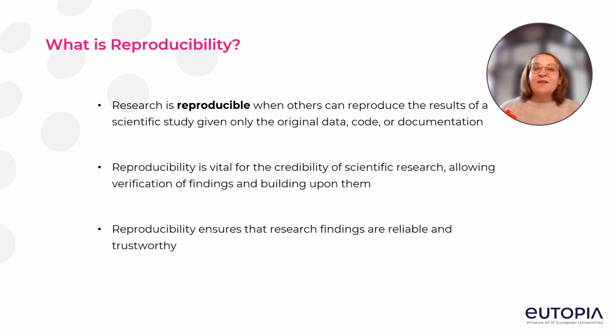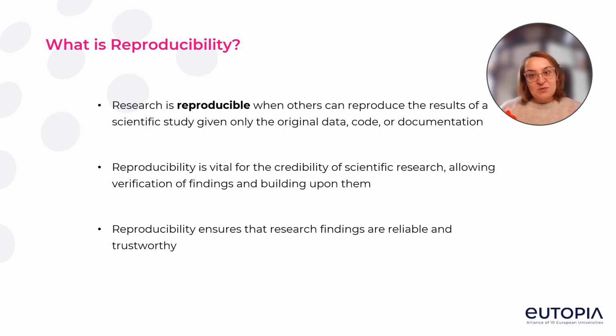It allows other researchers to verify findings, build upon them, and apply them in practical contexts. When a study is not reproducible, it raises questions about the credibility of scientific findings and can even erode the trust in researchers publishing these findings.